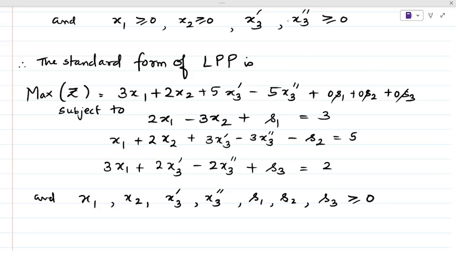Here I'll take up an example of minimization type.